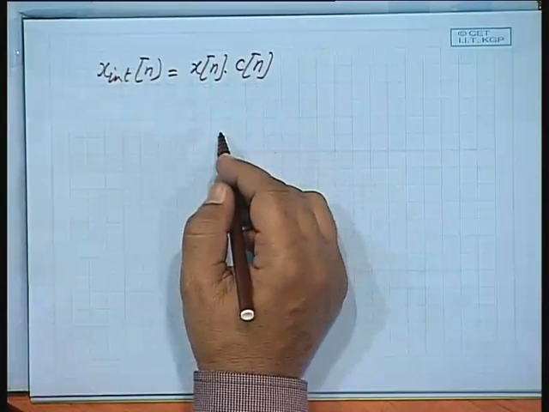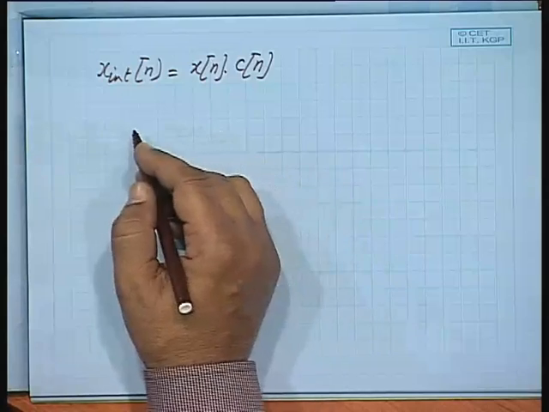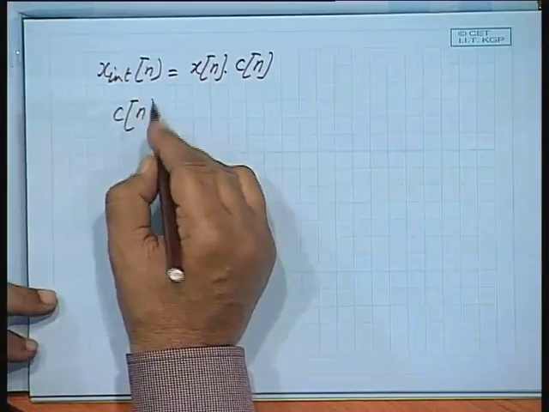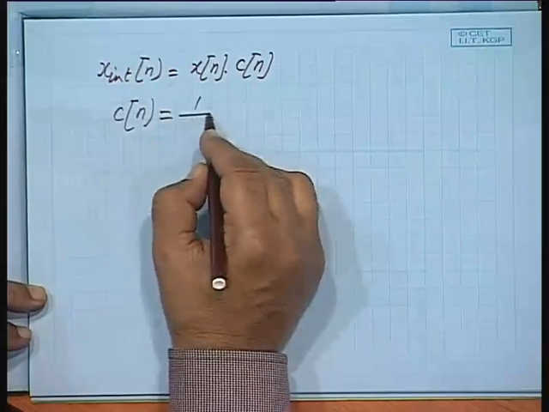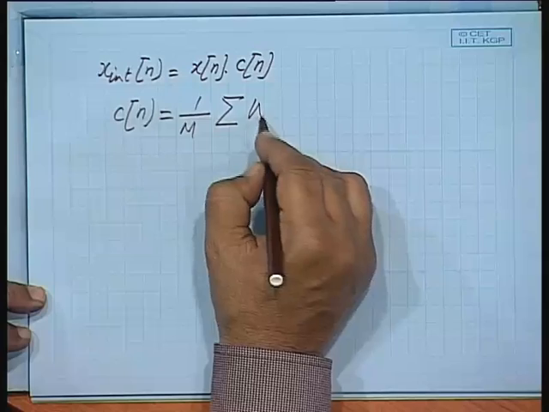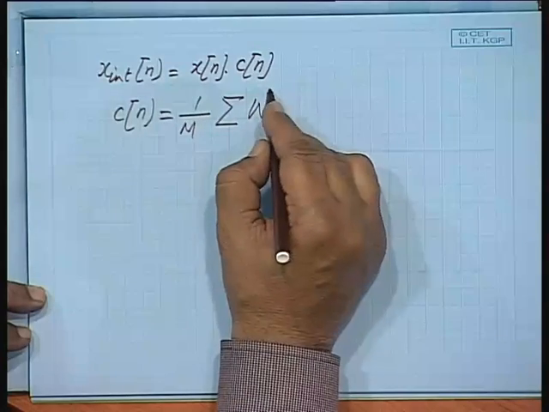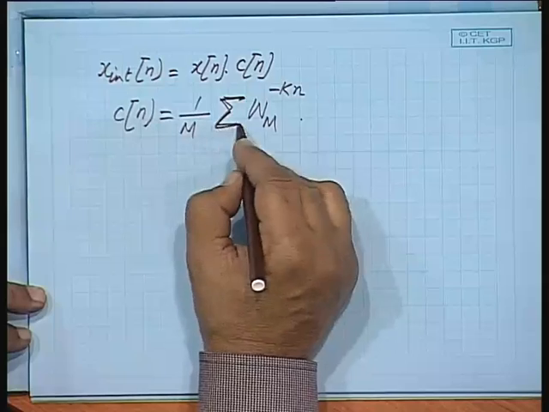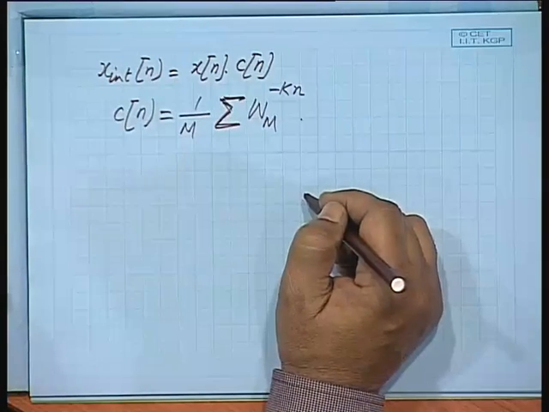Okay. So, C n can be written as 1 by m sigma W m minus k n, is it not?